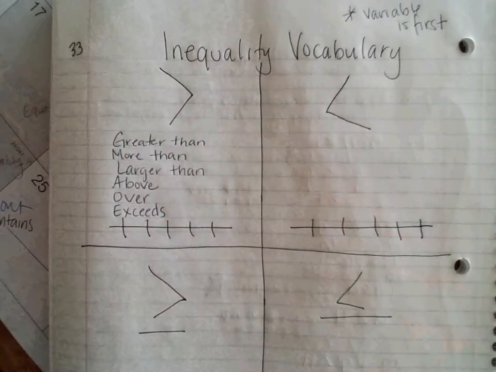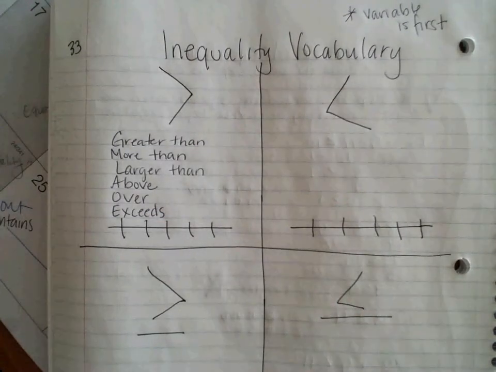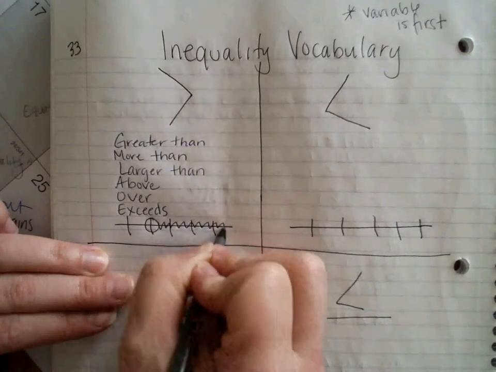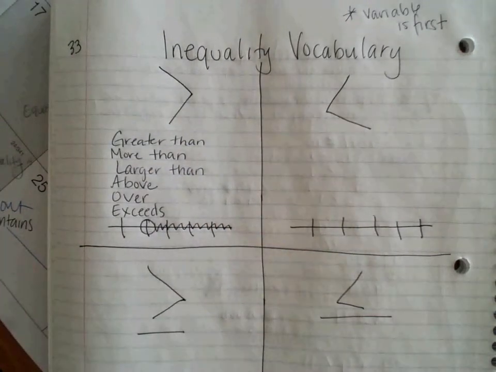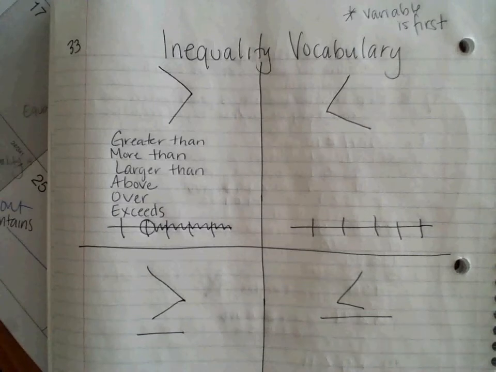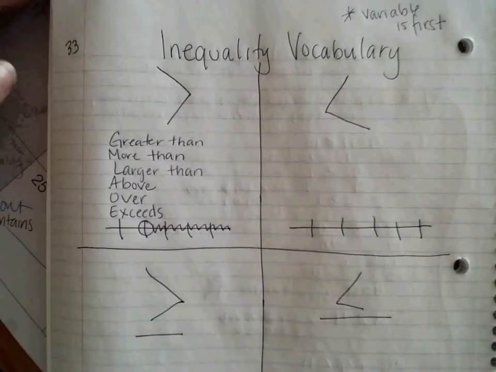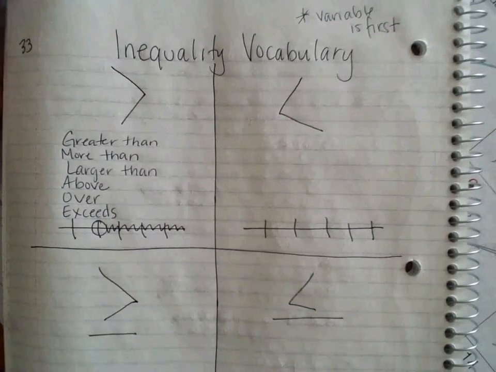So this is when it is larger than that number, but not equal to. So this is when we have our open circle and we're shading to the right. It does not include the number its circle is on.